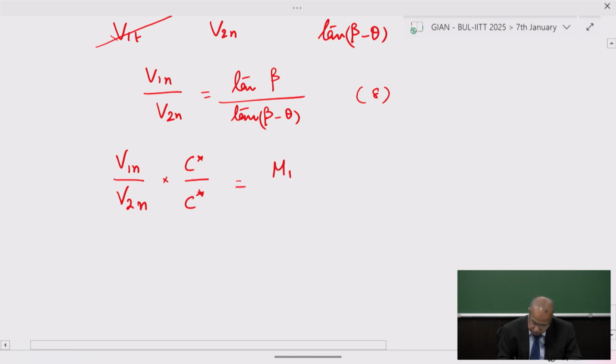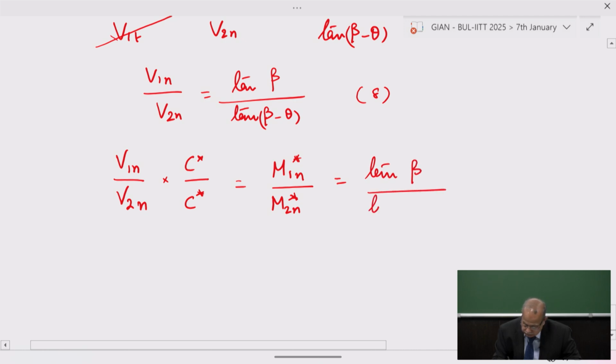I will get M1n star divided by M2n star. Is that clear? Understood? Multiplying and dividing it by C star, this is equal to tan beta by tan beta minus theta.